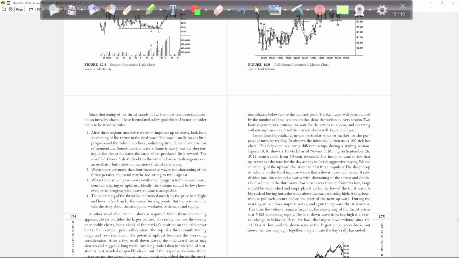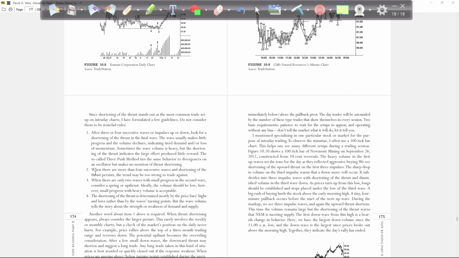The wave usually makes little progress and the volume declines, indicating tired demand and or loss of momentum. Sometimes the wave volume is heavy, but the shortening of the thrust indicates the large effort produced little reward. The so-called three-push method ties the same behavior to divergences on an oscillator but makes no mention of thrust shortening.